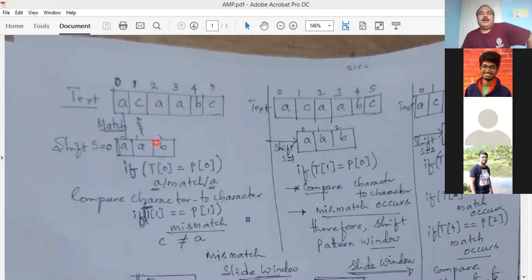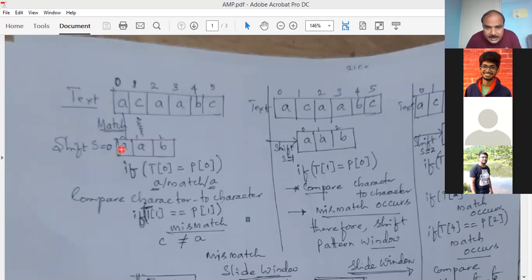Now I am discussing the naive string matching algorithm, in which you need to compare the whole pattern. The whole pattern means the window of the pattern. The window consists of three characters.